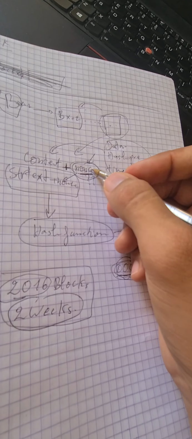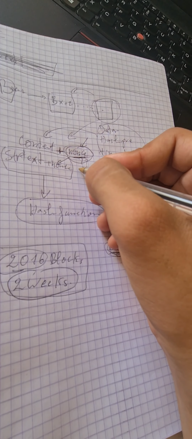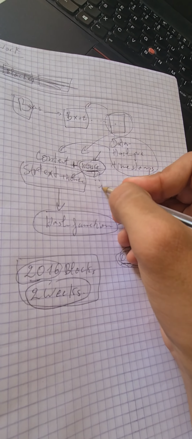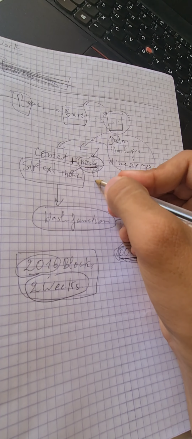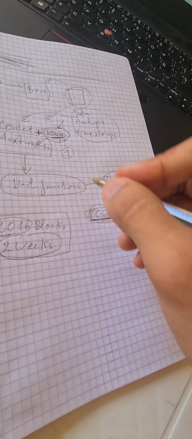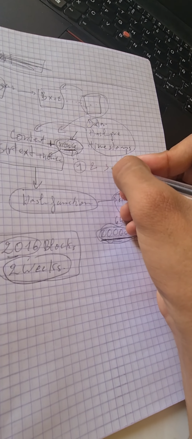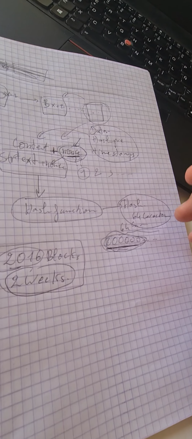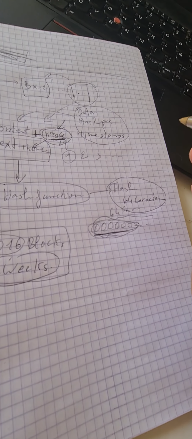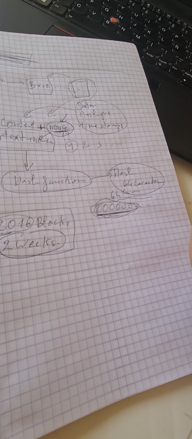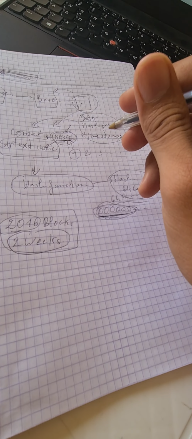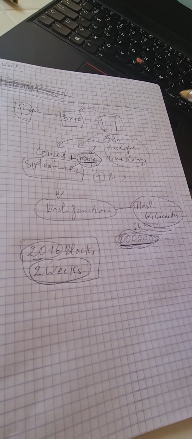The miner can, for example, just check in a sequence, starting with 1, and if he doesn't find the number of zeros he wants at the beginning of the hash, he goes to 2, then 3, then 4, and so on till he finds it. And for sure it's going to take a lot of time and a lot of energy.